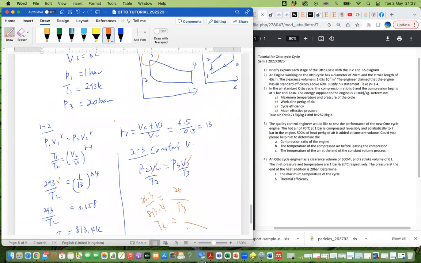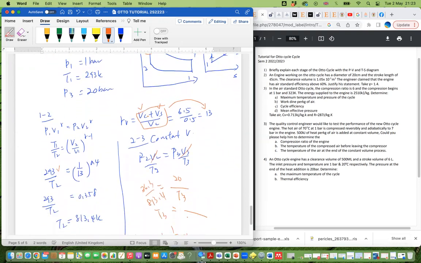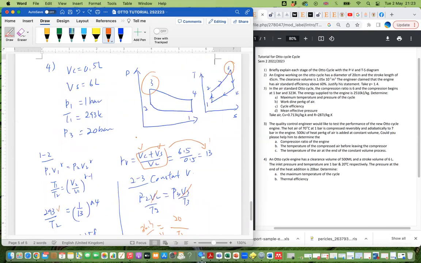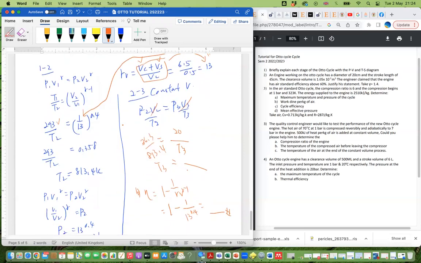How to get this is, since we know the VC, we know the VS, we can use this formula, okay, to find our RV. So once we have our RV, then we can plug it in here, okay? And then we are able to find the T2.